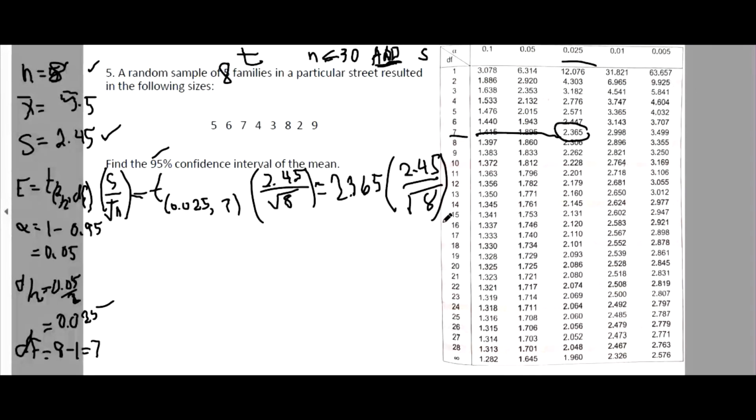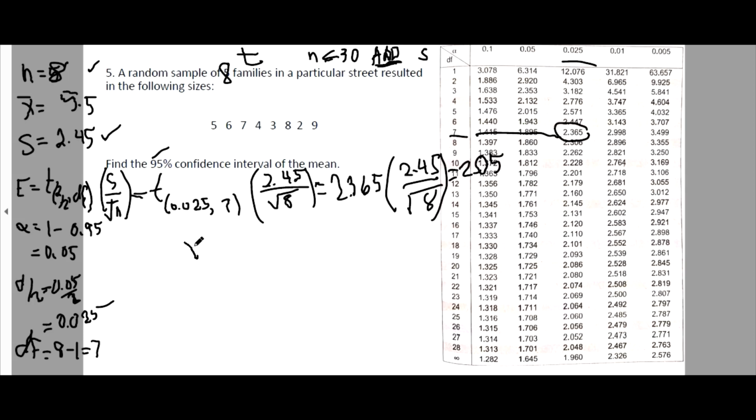Then you compute using your calculator. 2.45 divided by square root of 8, times 2.365. So we have 2.05. So this is equal to 2.05.